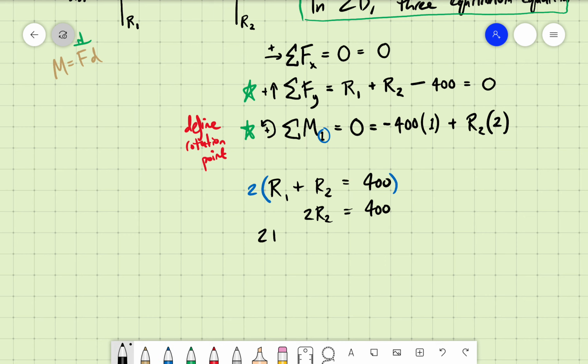That would give me 2R1 plus 2R2 equals 800. This is the kind of stuff that you usually learn in pre-calc, maybe algebra 2. And the reason why I did that is because now we can subtract one equation from another.